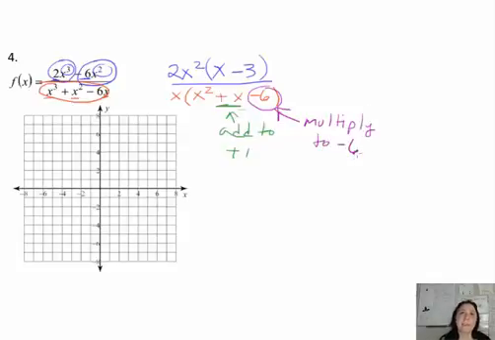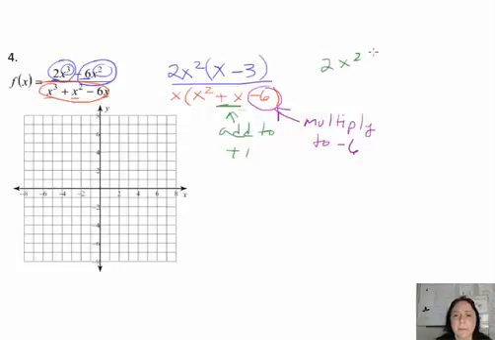So if I think about that, I can get to 6 by multiplying 6 times 1, but I can't get plus 1 out of that, or 2 times 3. And if I do plus 2 and minus 3, then I should have a nice solid factoring.